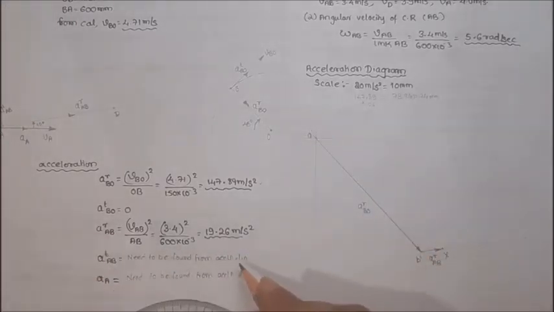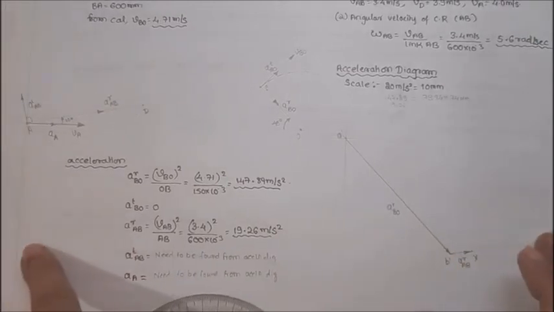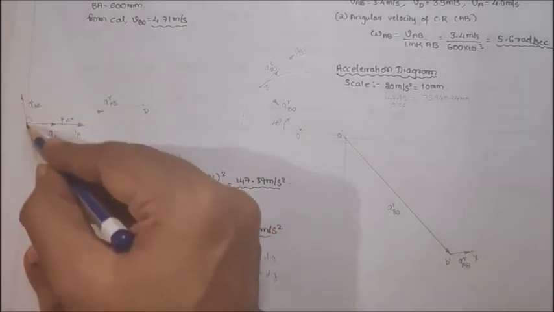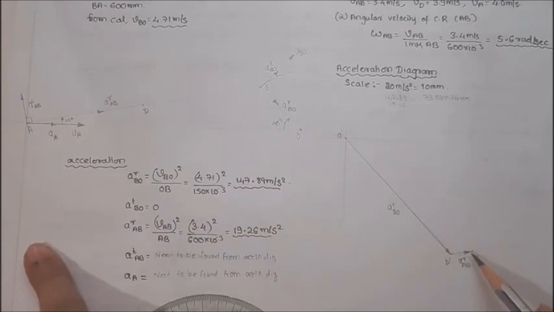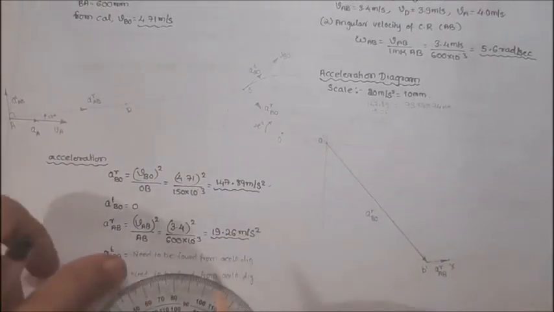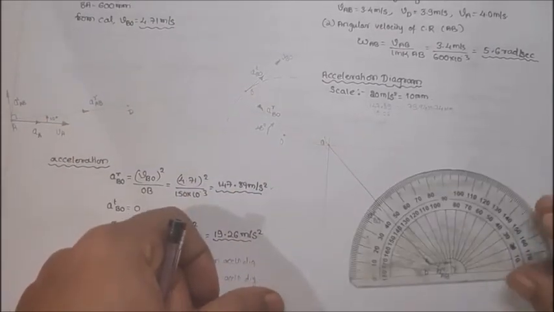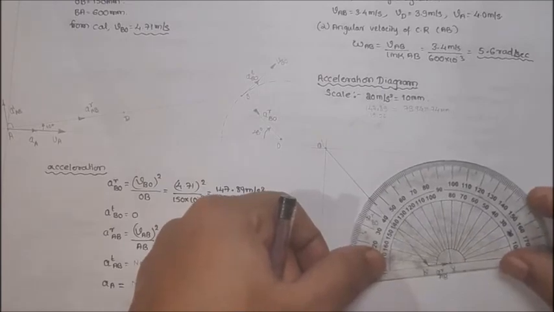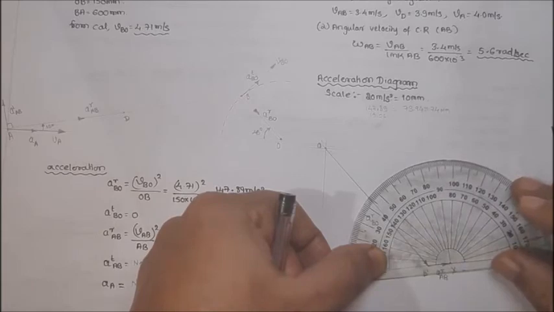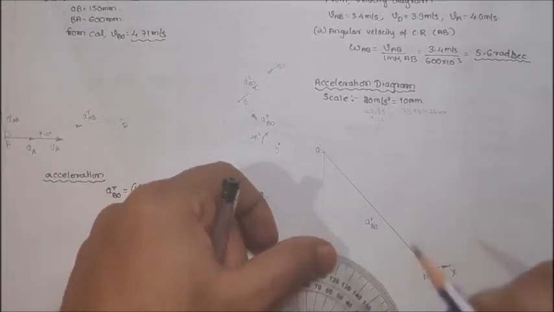Next, we know that the tangential component of AB is like this in the upward direction, means from here it will be upward. Where did we get this one? From the velocity diagram. So it is 90 degrees to this one. So from here at point X, keep the protractor, measure 90 degrees, draw a line.